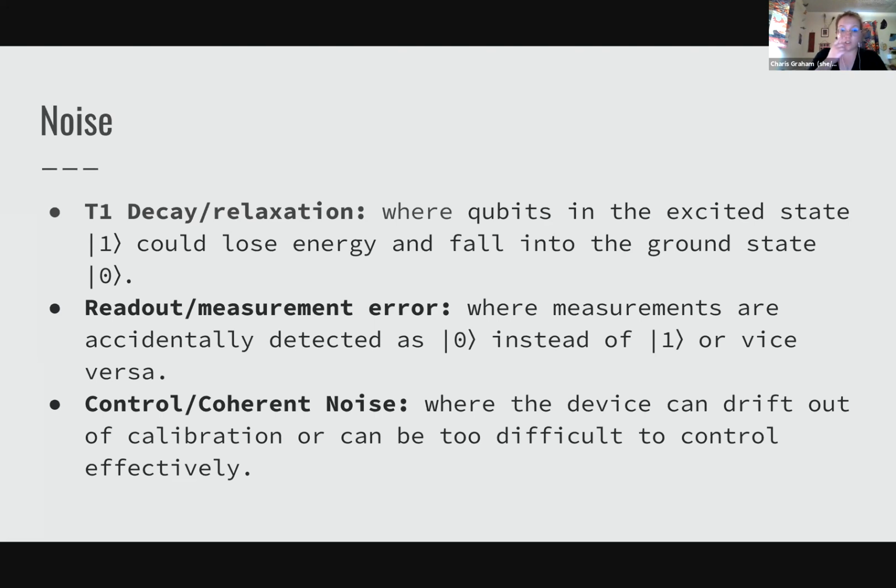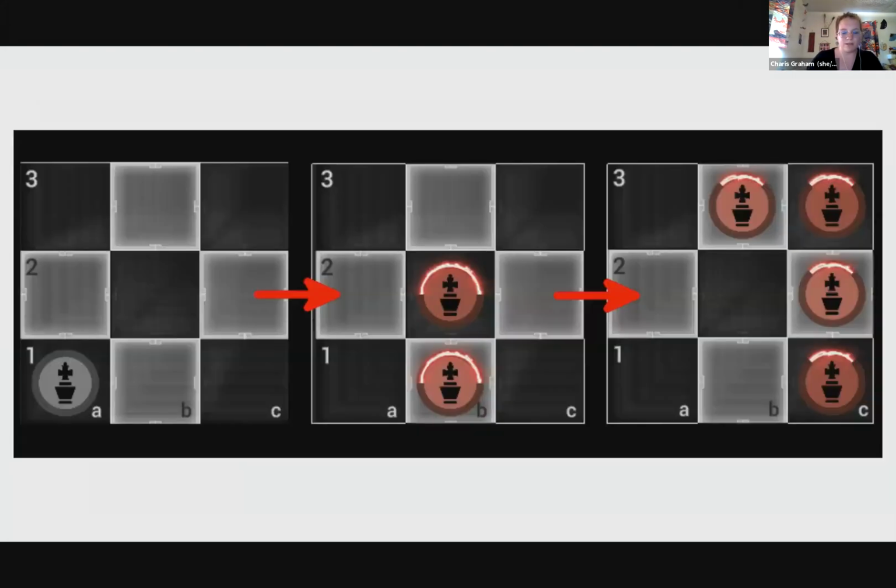So this is just 3 types of noise: T1, decay / relaxation, where qubits, which are bits in quantum computers, go from an excited state, lose energy, and fall to the ground state 0. Readout / measurement errors, where you just accidentally measure the wrong thing, or control / coherent noise, where the device drifts out of calibration and your numbers go wonky. And so you end up with pretty messy data.